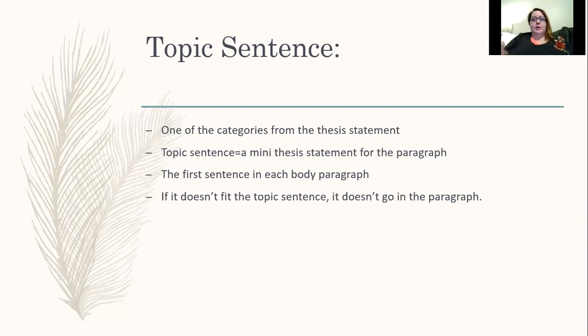That's also what we're looking at here. A topic sentence is a mini thesis statement for the paragraph. It takes one of those categories, and it's the first sentence in each body paragraph. If it doesn't fit that topic sentence, it doesn't go in the paragraph. So a well thought out topic sentence will help keep your paper organized and well structured.